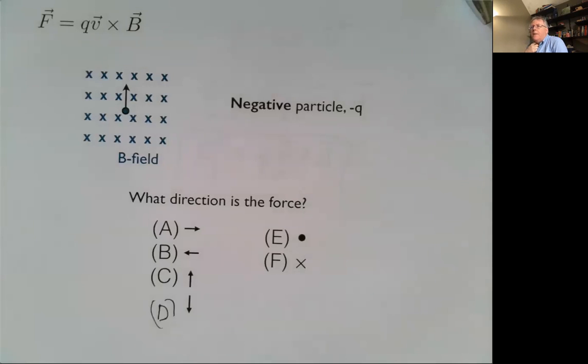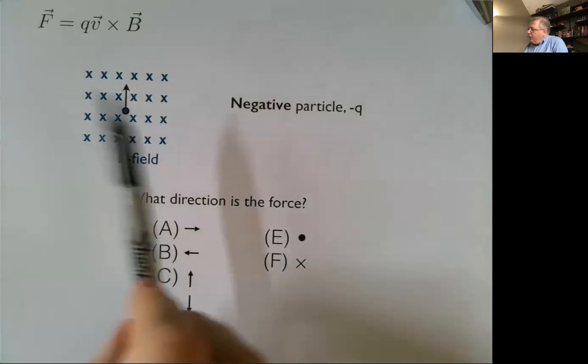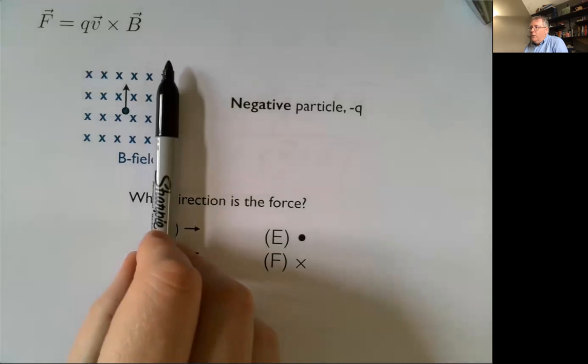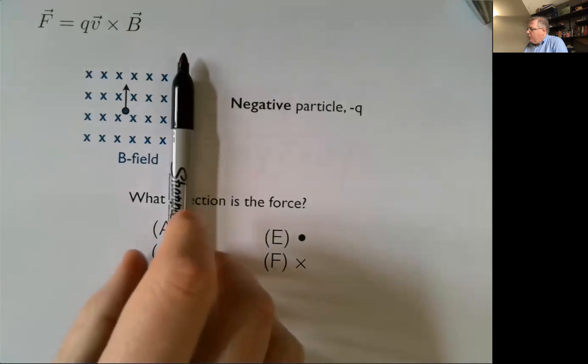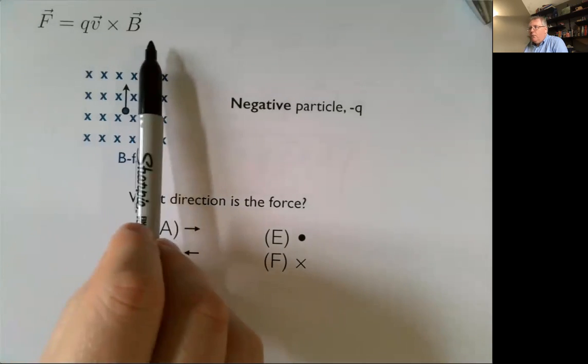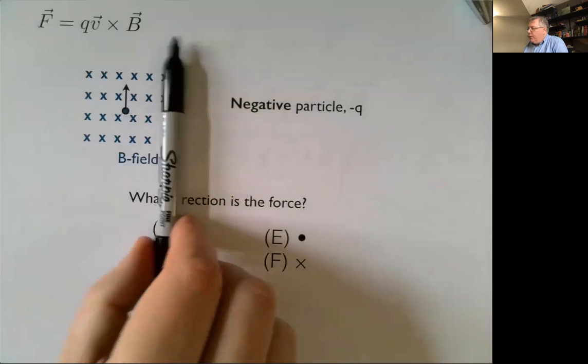How do we know this? Because it's going to move in the opposite direction of the field. No, it's still moving this way, right? The particle is still moving this way. The V is still in that direction. So if we're using this equation here, what have we changed?